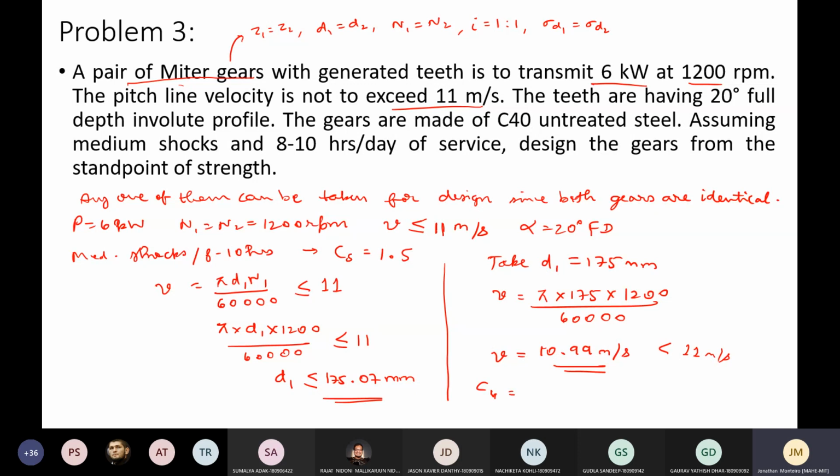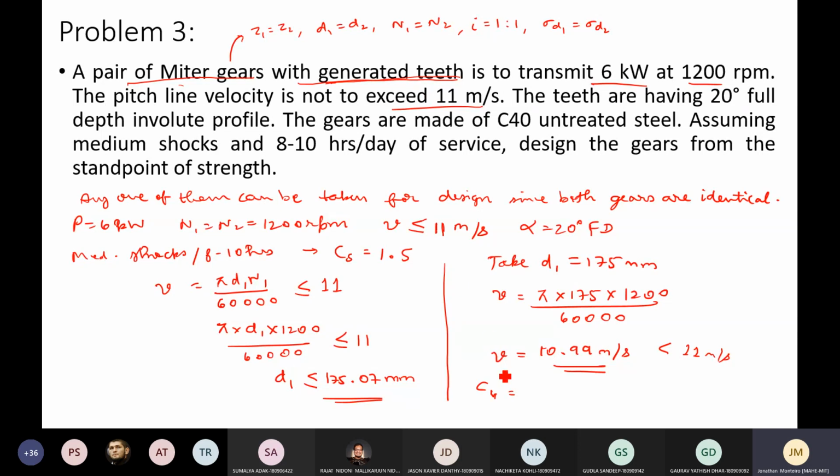But do we have that same liberty here? If you read the question carefully again, we have a pair of miter gears, which tells you that everything is equal and identical. Along with that, it says with generated teeth. Look at this, with generated teeth. So that means your CV value is already established. Your CV value should be taken for the generated teeth factor, not the form cutter factor.